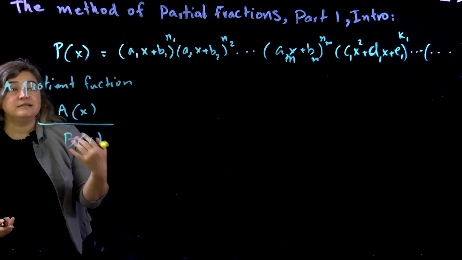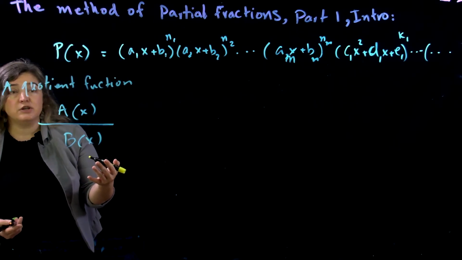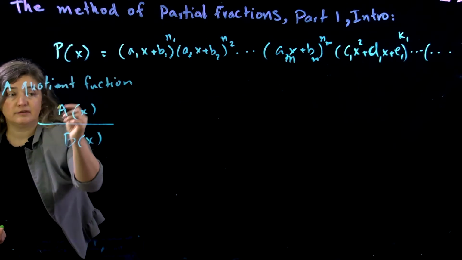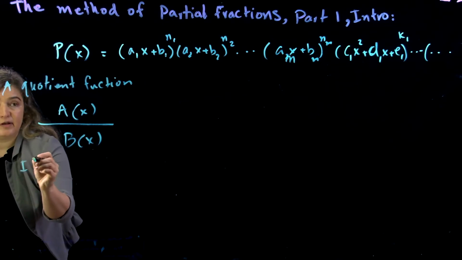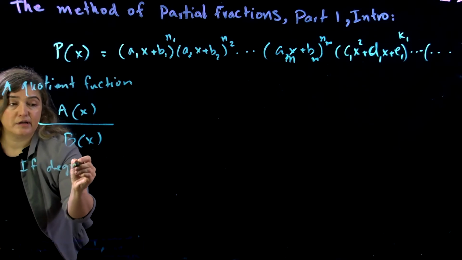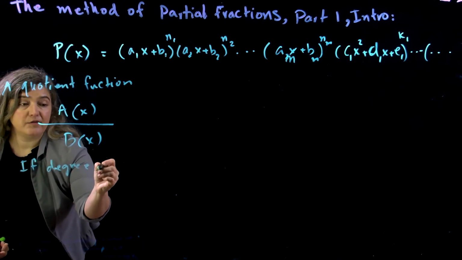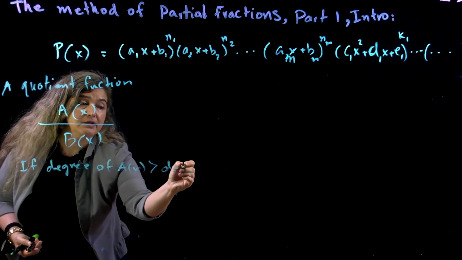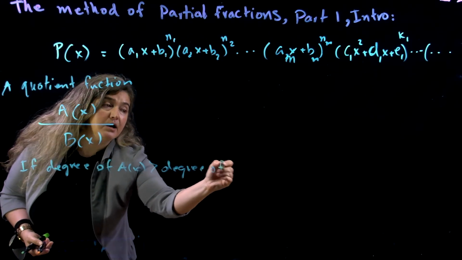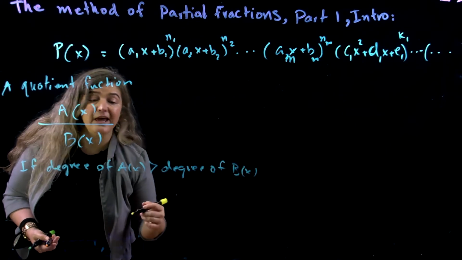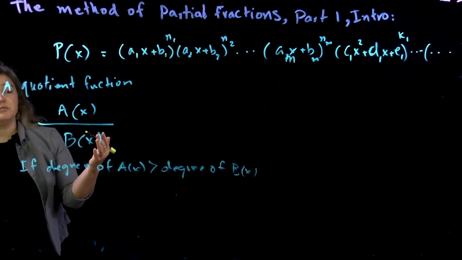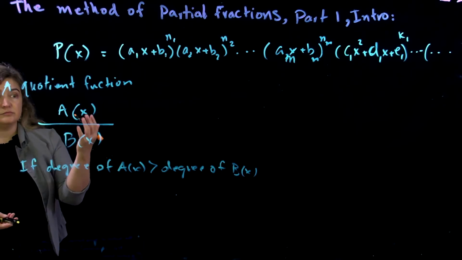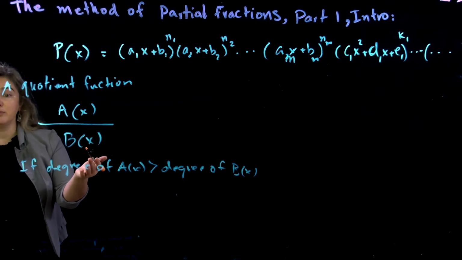If the degree of a of x is bigger than the degree of b of x, then you can always write this using polynomial division.